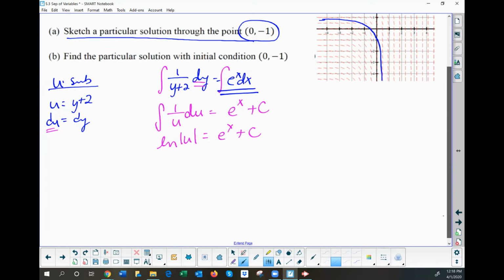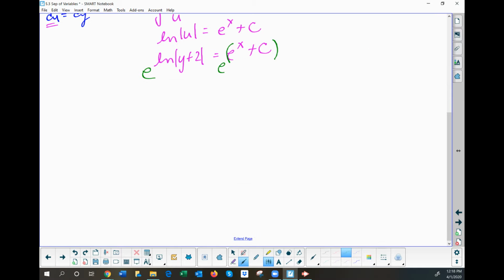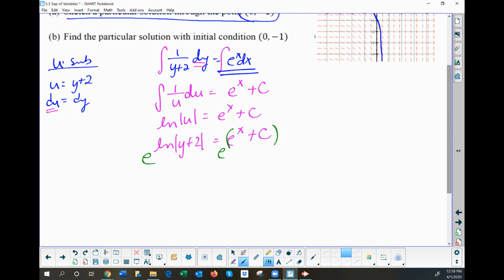Okay, now solve for y. So let's introduce e to both sides. At some point along the game here, I do need to get my c value, don't I? I was just thinking of this. This looks quite messy over here. So I think I'm going to take a step back and find c at this particular moment.